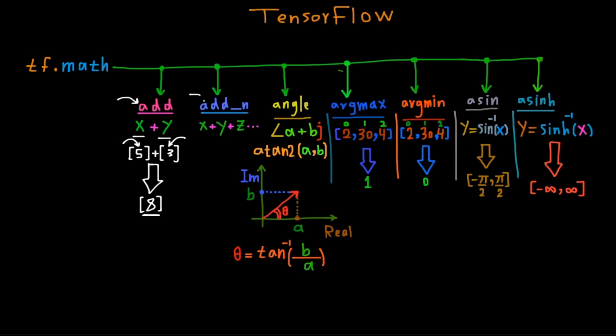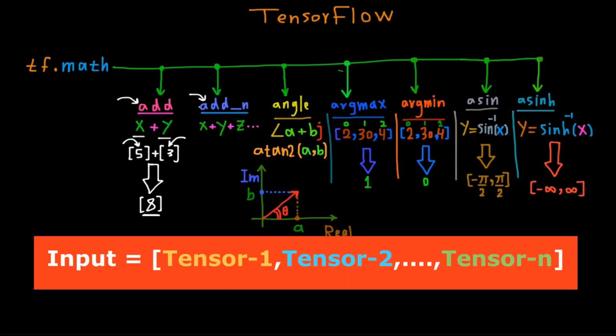Now let's go to add underscore n function. This function adds all input tensors element-wise. There are two arguments in this function. The first one is inputs argument, which is a list of tf tensor or tf.IndexedSlices objects.